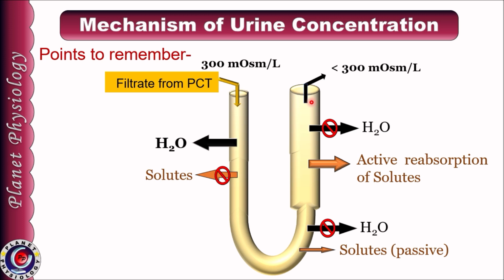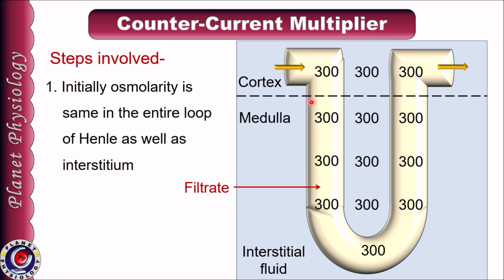Now let us start with the process of countercurrent multiplier mechanism. For the sake of understanding, these steps are dissected and discussed one after another, but in our body these are operated simultaneously.